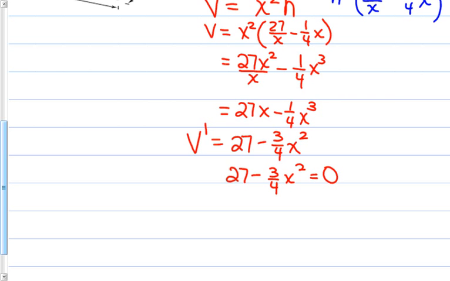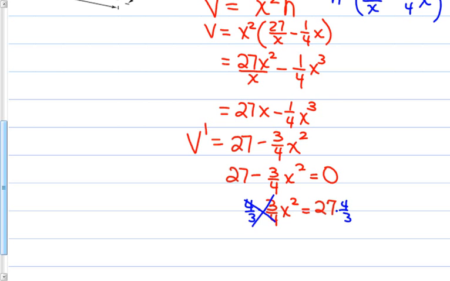Okay, add the 3/4 x squared to both sides, and you get 27 equals 3/4 x squared, or just 3/4 x squared equals 27. Get rid of the 3/4 by multiplying by 4/3, the reciprocal.